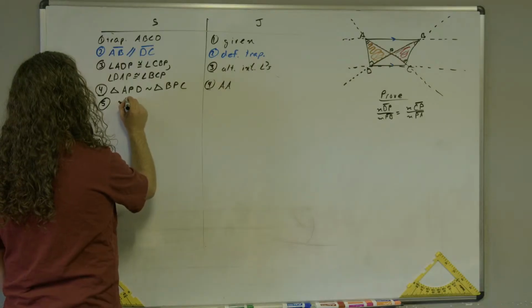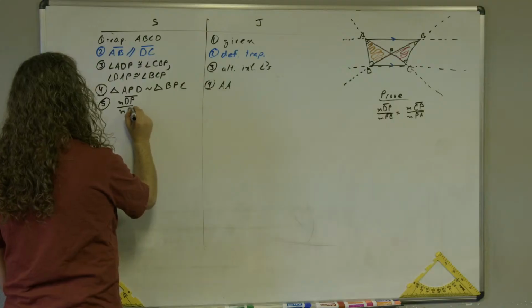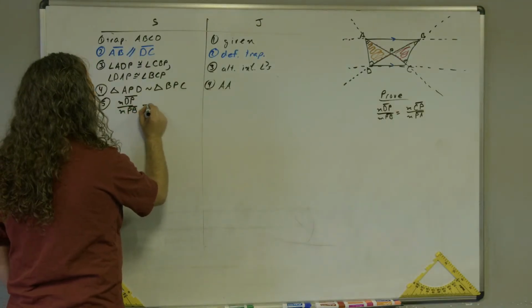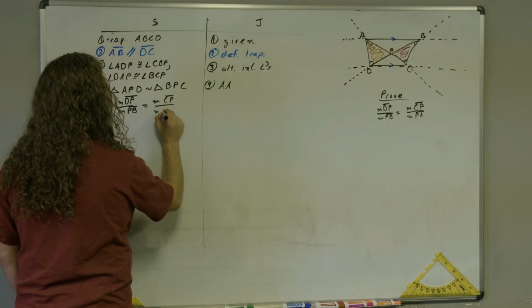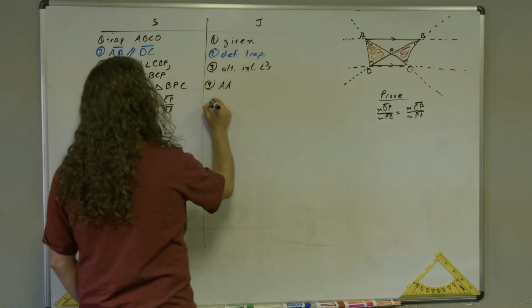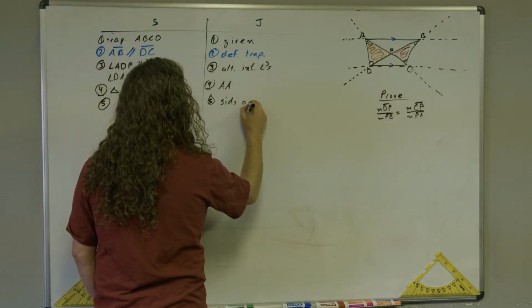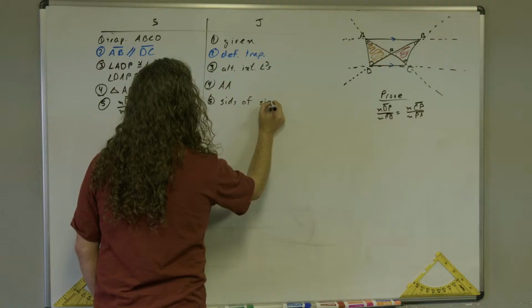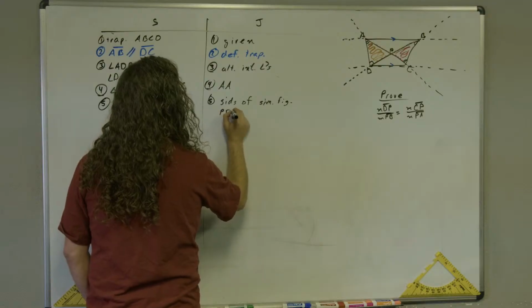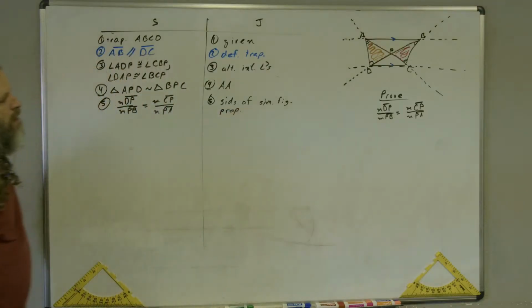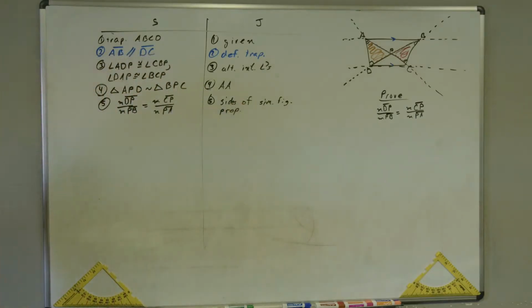The measure of DP to the measure of PB equals the measure of CP to the measure of PA, because sides of similar figures are proportional.